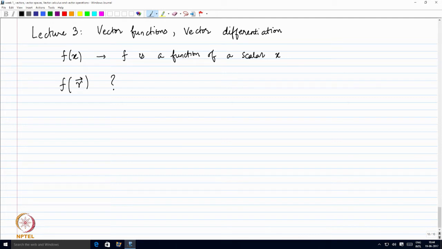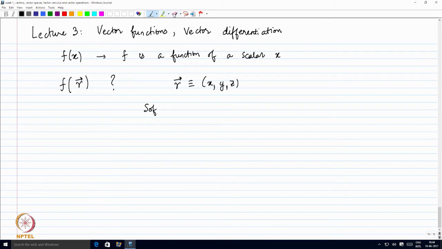And the answer is yes, there are a few ways to think of these functions. The first thing I want to emphasize is that r is nothing but x, y, z in 3D. So, if you are looking at 3D, then it is just 3 numbers, 3 scalars x, y, z.